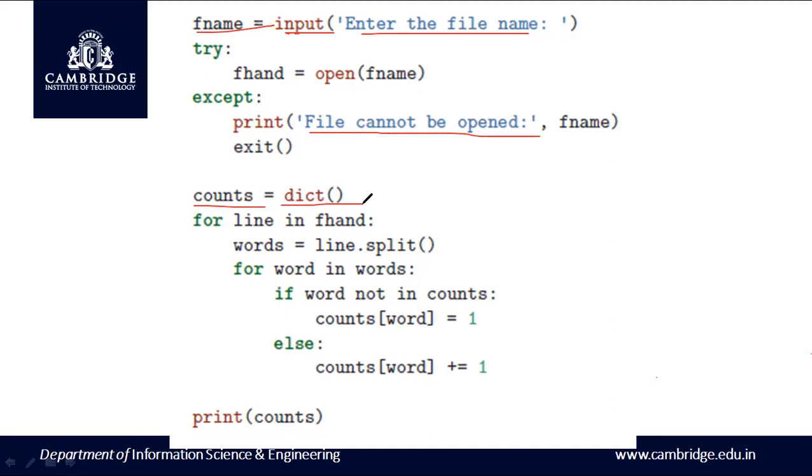Once it is a valid file name, we create an empty dictionary called counts using the built-in function dict. Here you can see, as I told earlier, we are going to use two for loops. This is the outer for loop, and this for loop is the inner loop.